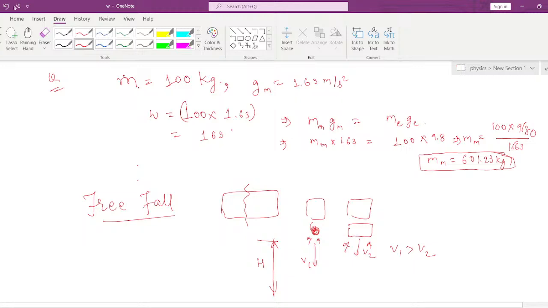So we can conclude that actual free fall is not possible on Earth, because Earth is completely filled with air. So it can be possible only in a vacuum, or on the moon. So free fall is possible there.